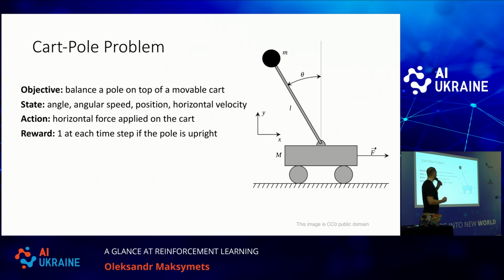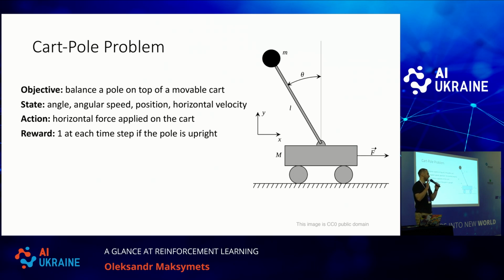And we get a reward each time the pole is standing upright. That means if it's going, say, 30 degrees down, we already lost. It should be upright, and only then does the environment continue interacting with us.